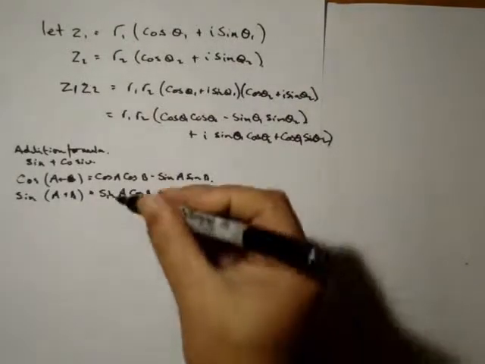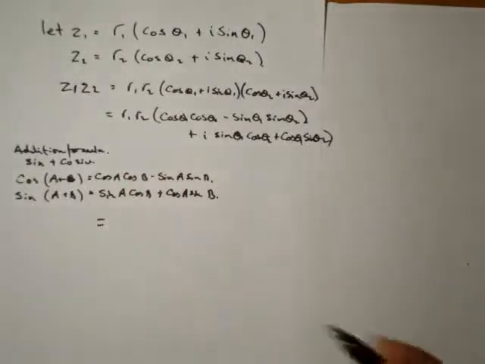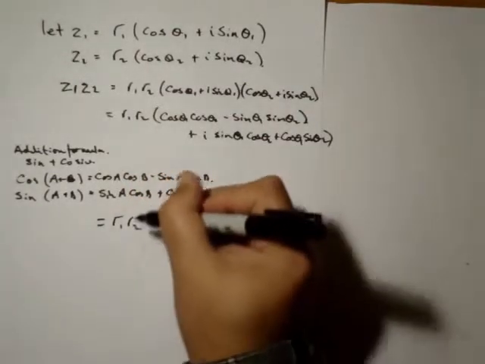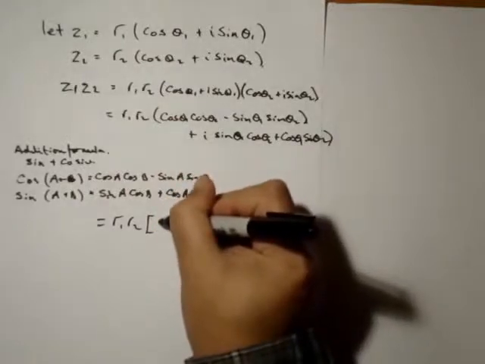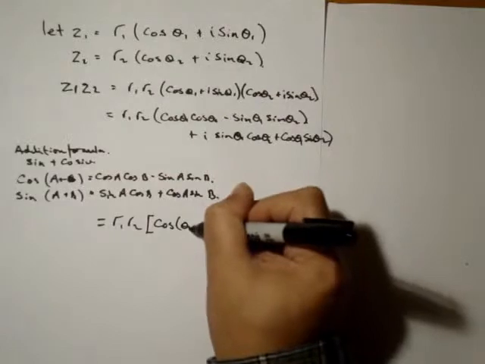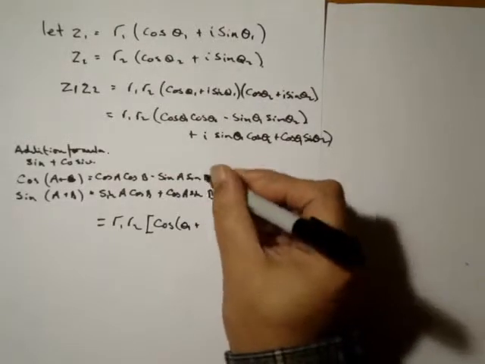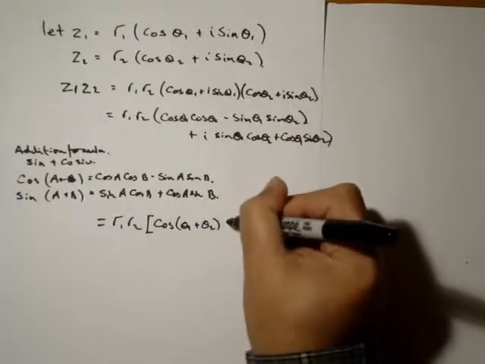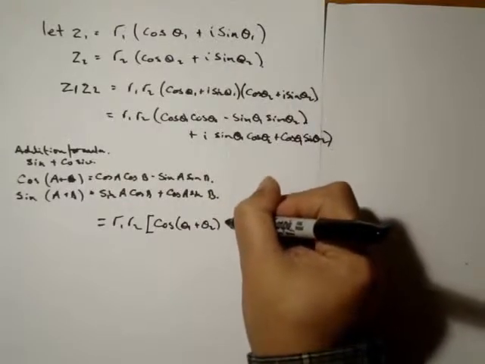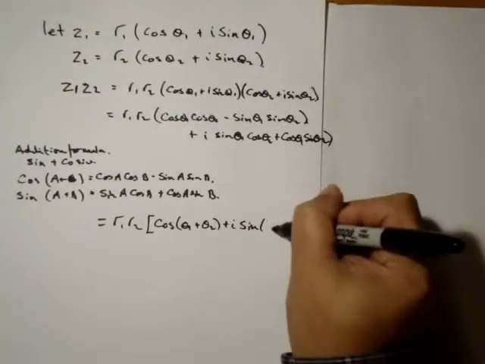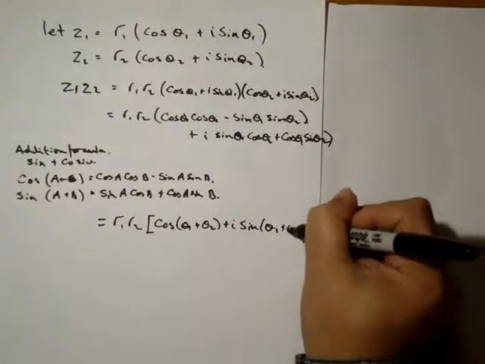So we can write this now as r1 r2 cos theta 1 plus theta 2, and then plus i sine theta 1 plus theta 2.